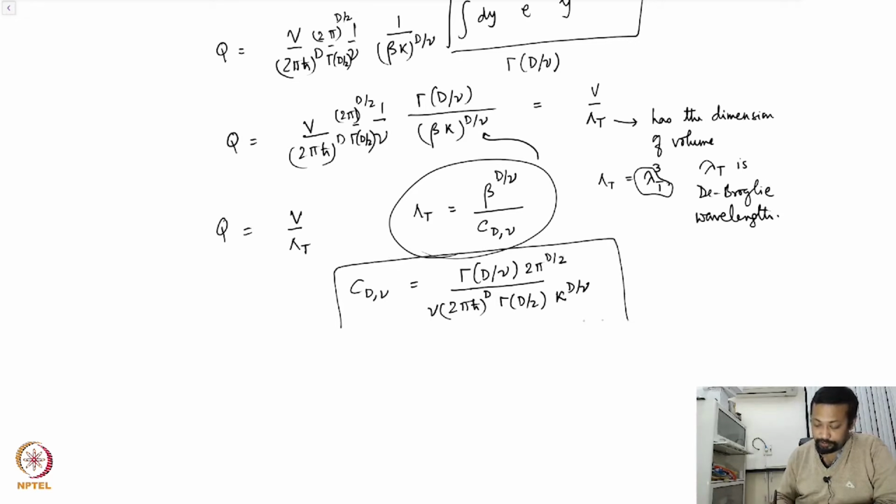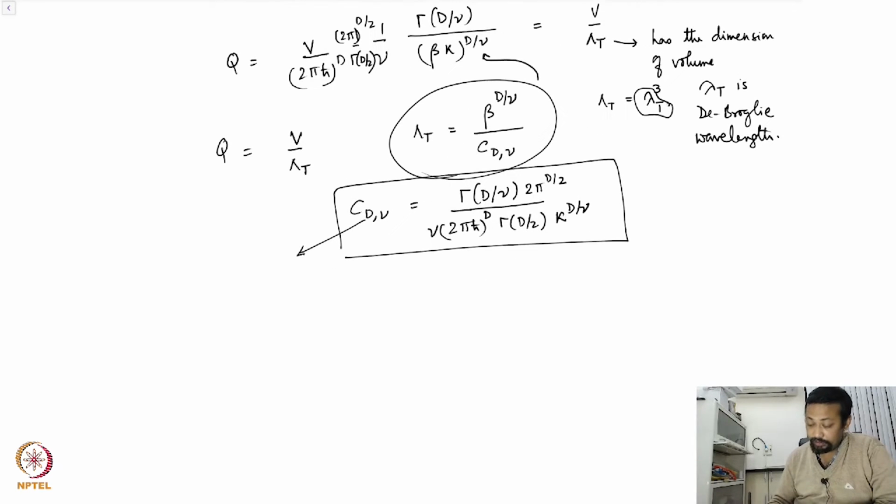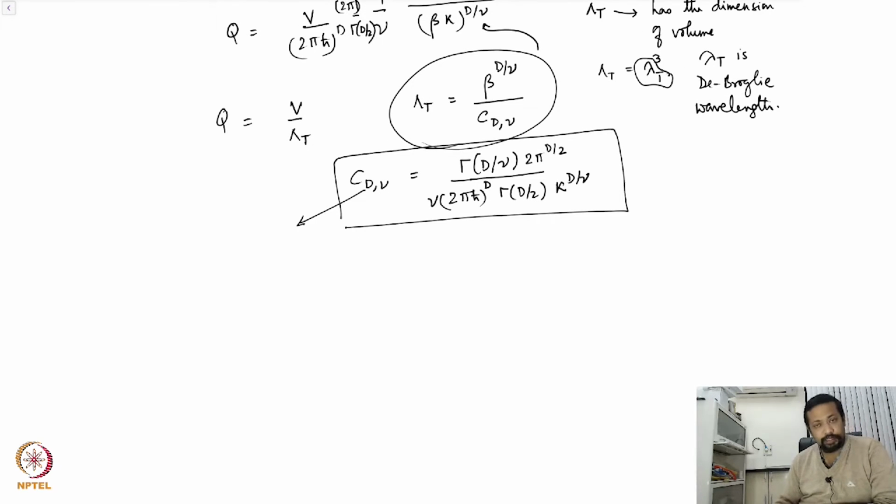So this is the expression for any arbitrary dimension d and a value nu. One can construct the de Broglie wavelength from here. We'll come back to this. We'll explicitly derive this expression, particularly for the case of k equal to 1 over 2m and nu equal to 2. But right now let us continue with this calculation.